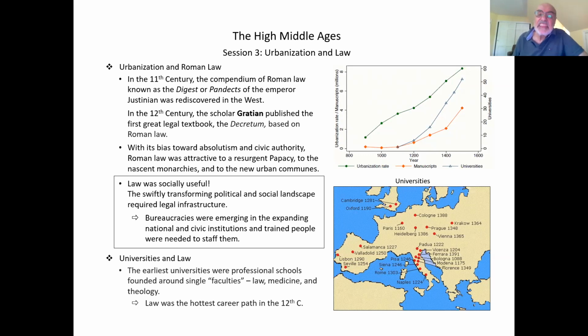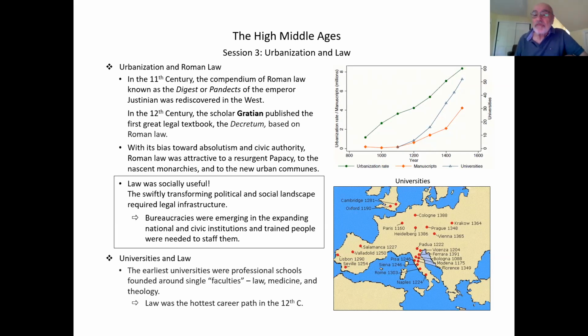And the y-axis on the left side is the urbanization growth and the numbers of manuscripts that we can count in libraries by period.